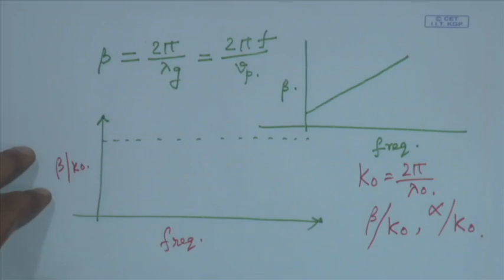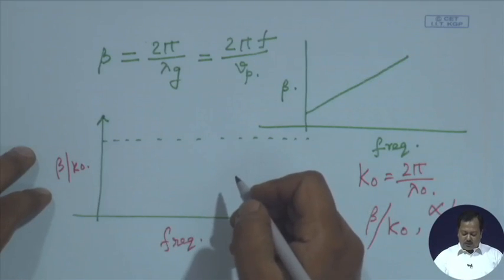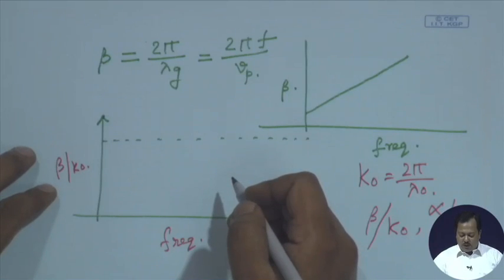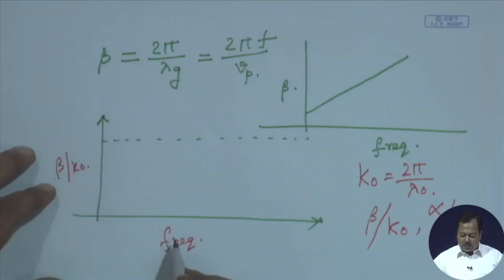So, already we know what is fast wave, what is slow wave. So, let us say we have a rectangular waveguide filled with dielectric material, and for that we are plotting beta by k naught versus frequency.